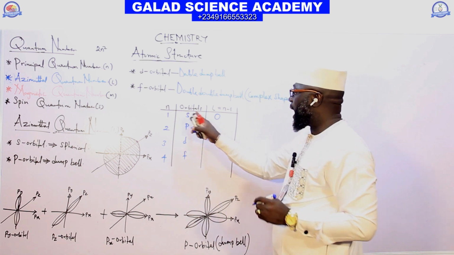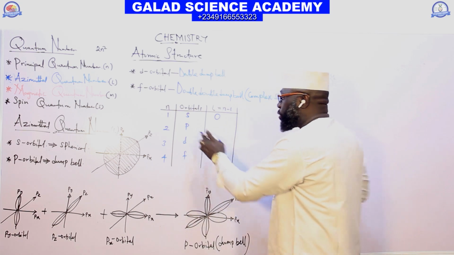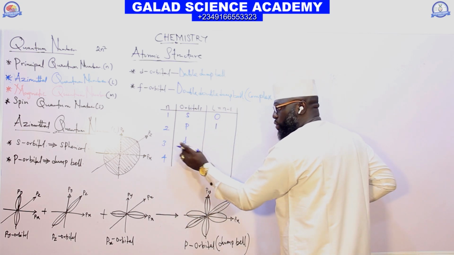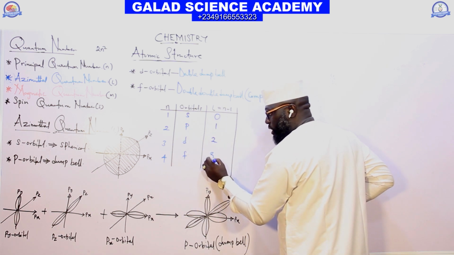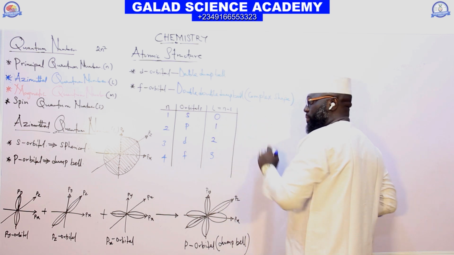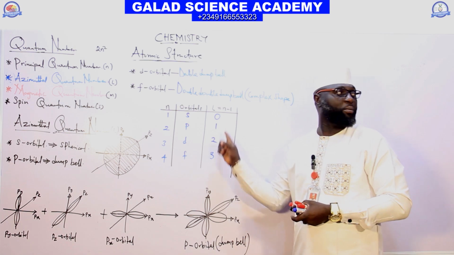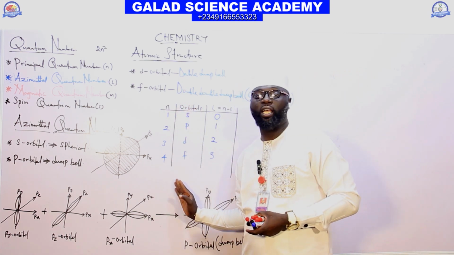So the azimuthal quantum number for S orbital is 0. For P, 2 minus 1 gives us 1. For D, 3 minus 1 gives us 2. For F gives us 3. These are the values for azimuthal quantum number for all these orbitals.